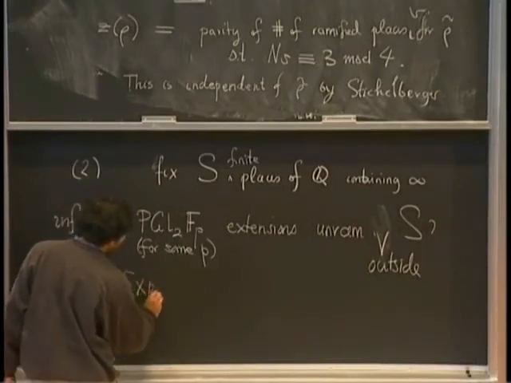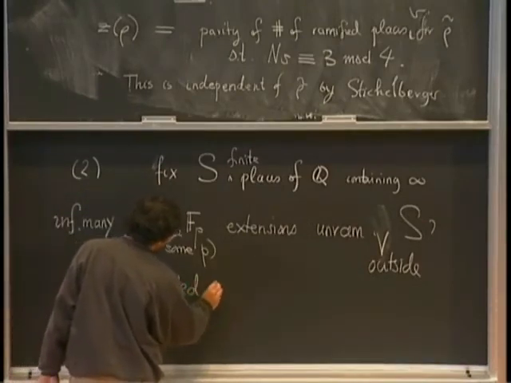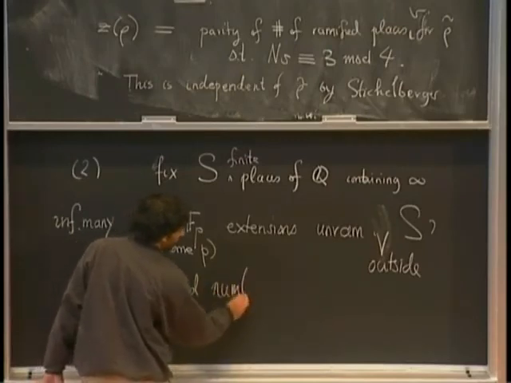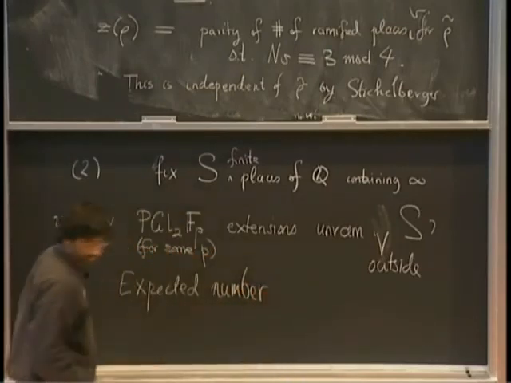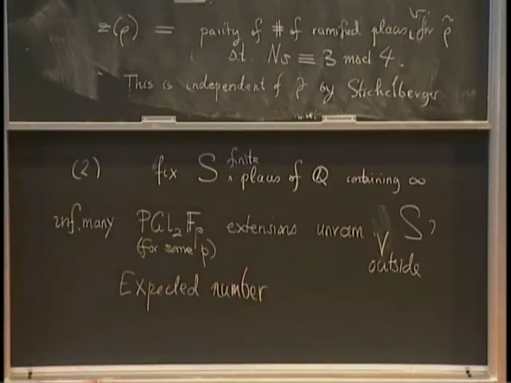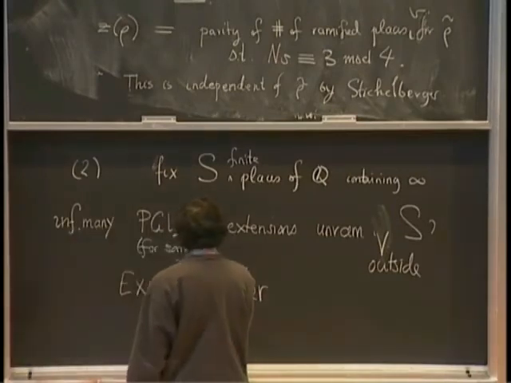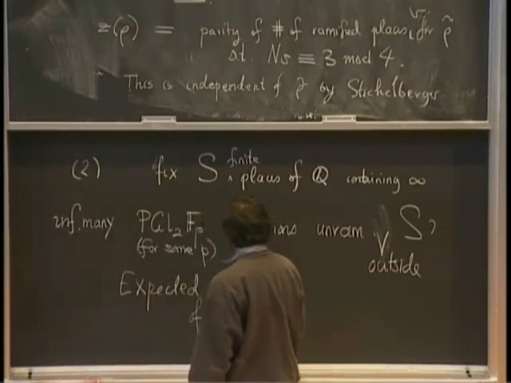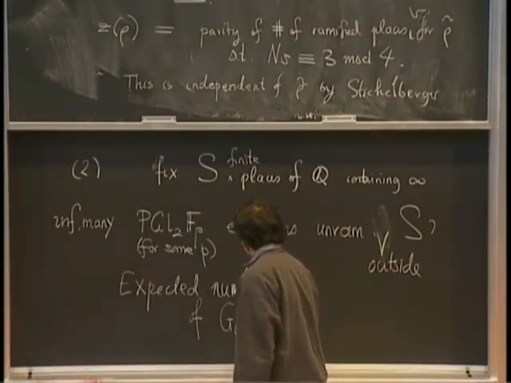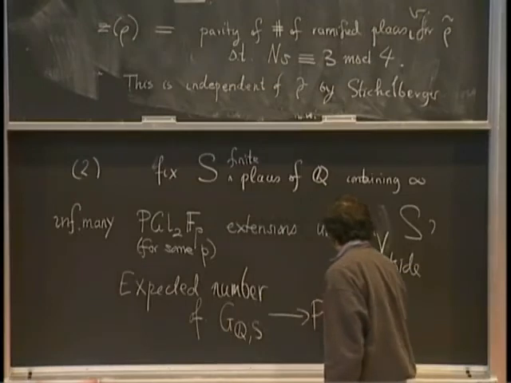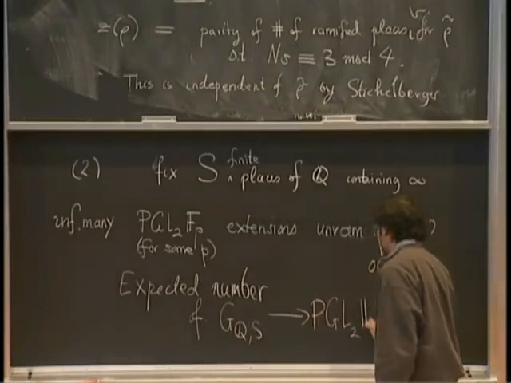So Manjul's formula says the expected number, and as I said, this is Manjul's formula applied outside where he's licensed it. So, okay. Okay, so the expected number of surjections from the Galois group of Q unramified outside S to PGL2(F_p).